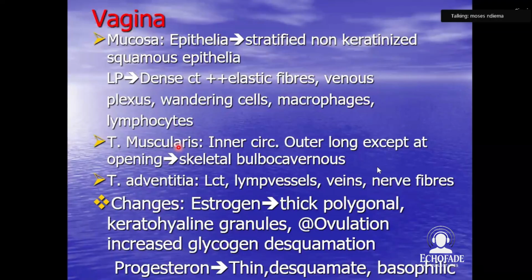You can take up the cells in what they call swabs, and stain them with Papanicolaou stain, and know whether the cells are cancerous or not cancerous. That's how they detect cervical cancer.